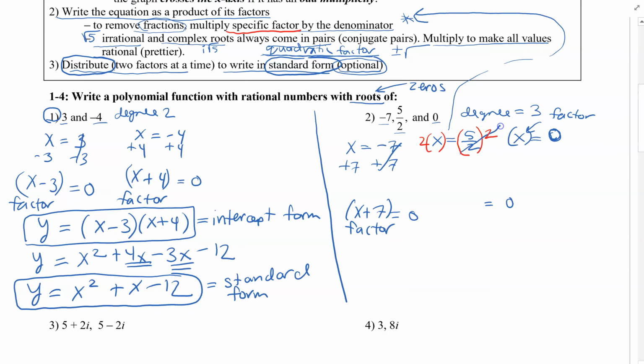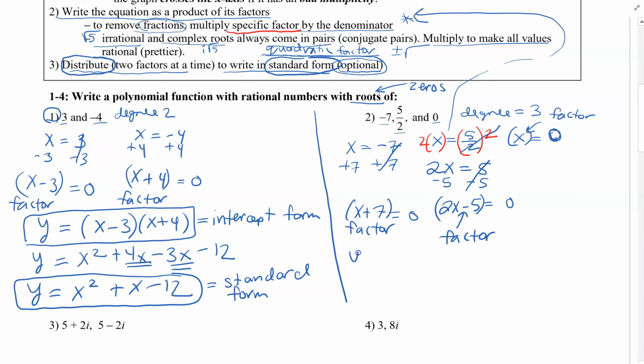And then I get 2x was equal to 5, a single number, and then I can subtract that 5 over, and then I can see, okay, this must have been the factor that was set equal to 0 to create a root of 5 halves, because I must have had to add 5 over to get 2x equals 5, and then divide 2 over to get 5 halves. So that creates my factor of 2x minus 5. So my three factors are x plus 7, 2x minus 5, and x.